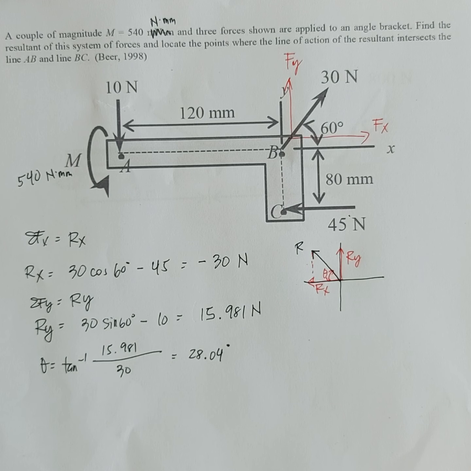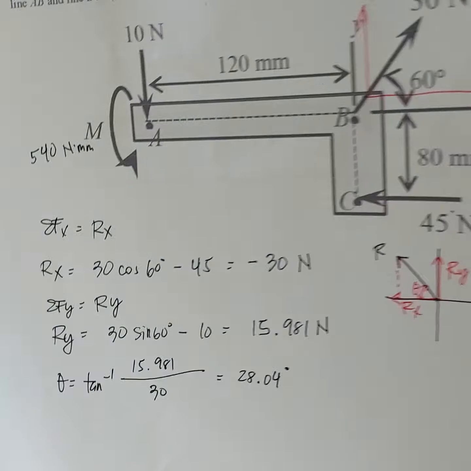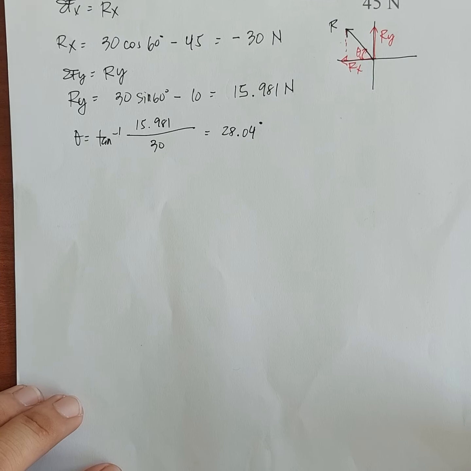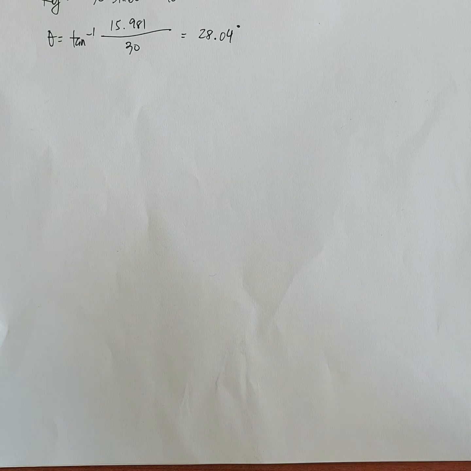Now, we are to solve for the intersection of lines AB and BC and the line of action of the resultant force. Okay? So, how do we do that? Wait, let me adjust the paper.